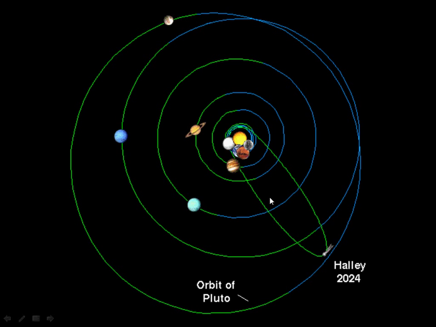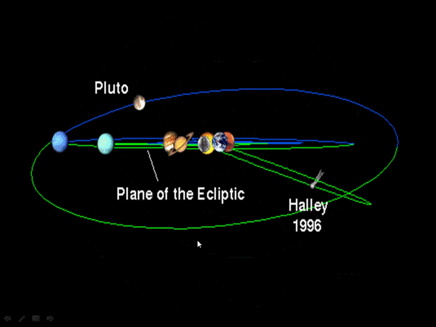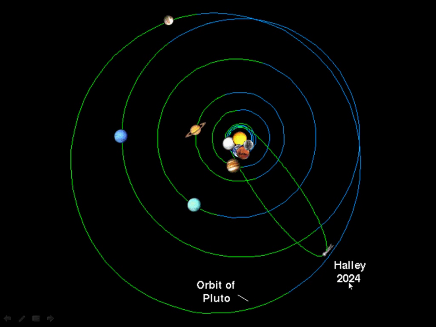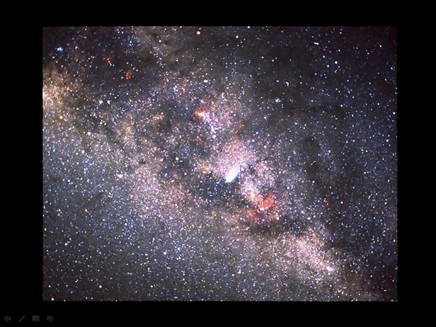So again, it is in an elliptical orbit, and it is going through the solar system, being pulled by the gravity of the sun. Oh, I didn't give it away. This is 2024. So this is at the other side of that. So anyhow, this is what a comet would look like in outer space.